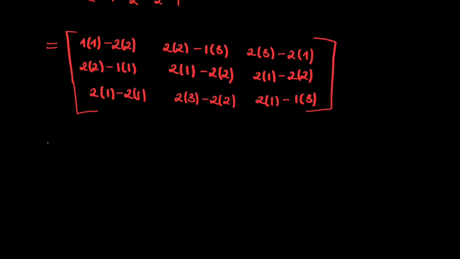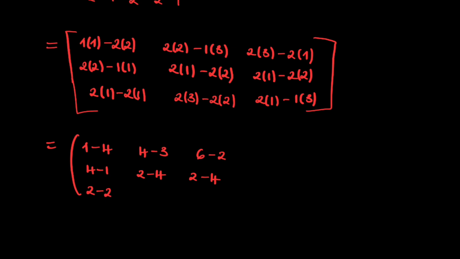So now we simplify to get each element. 1 minus 4, 4 minus 3, 6 minus 2, 4 minus 1, 2 minus 4, 2 minus 4, 2 minus 2, 6 minus 4, and 2 minus 3.